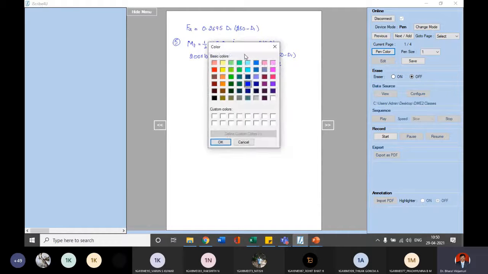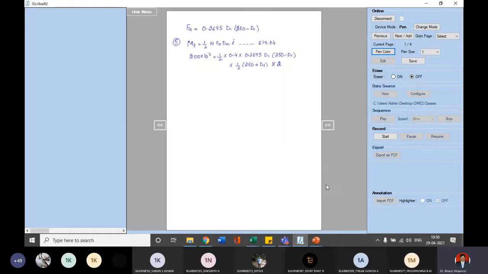A simple calculation: the 2 gets cancelled, and (250 plus D1) and (250 minus D1) give the formula (A plus B)(A minus B). Once again you end up with 200 into 10 power of 3 is equal to, how much is this value?